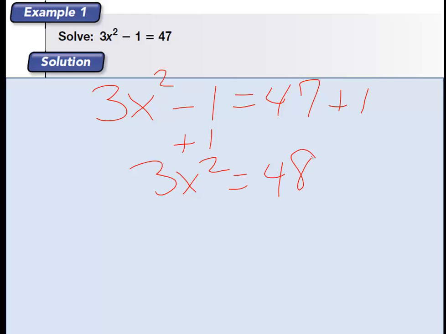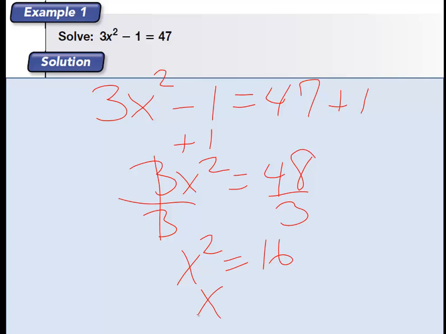Now we want to divide by 3 to get rid of this, so we end up with x squared equals 16. And then take the square root of both sides, and we end up with x equals 4 and negative 4.